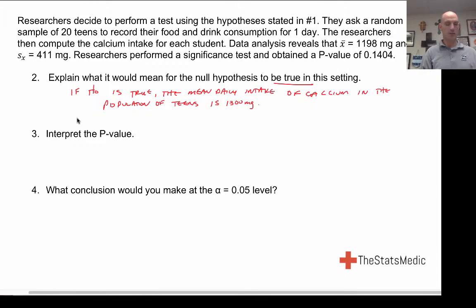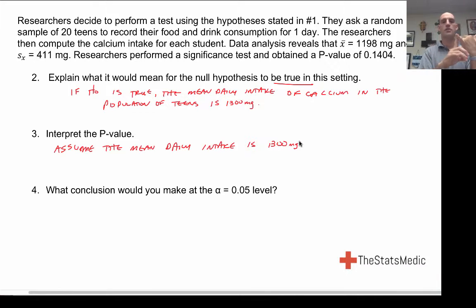So if I interpret the p-value, what we're going to do is we're going to assume the mean daily intake is 1,300 milligrams. But Mr. Sayers, I thought we were testing that claim. Yes, but this is what we did with sampling distributions, right?